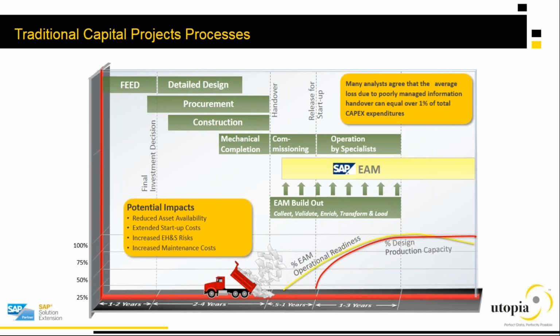So those impacts: reduced asset availability, extended startup costs, the possibility of EH&S risks increases significantly, and ultimately the cost to maintain that plant, especially in those early months and years, is significant.